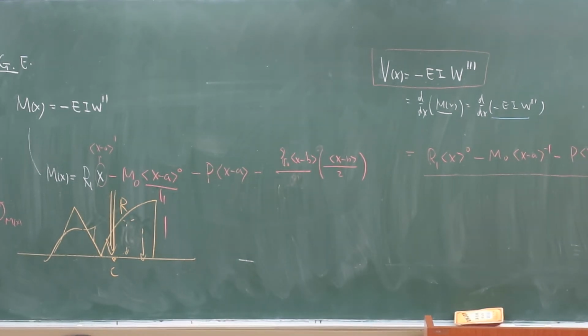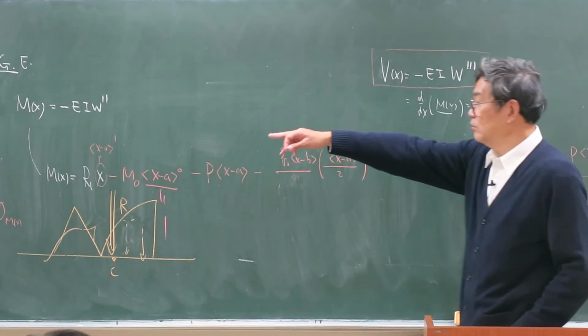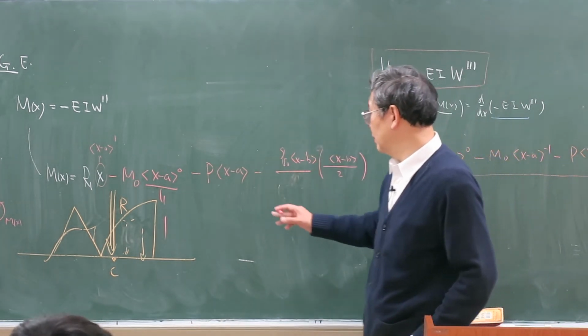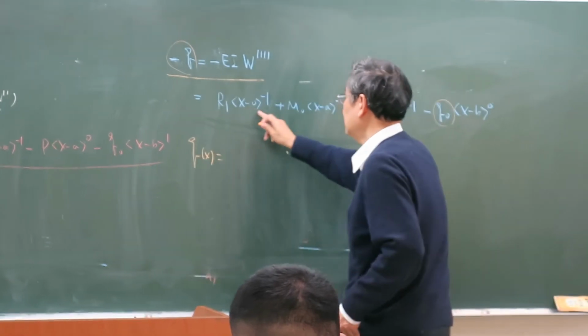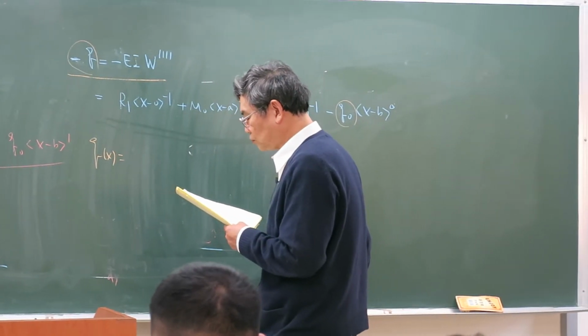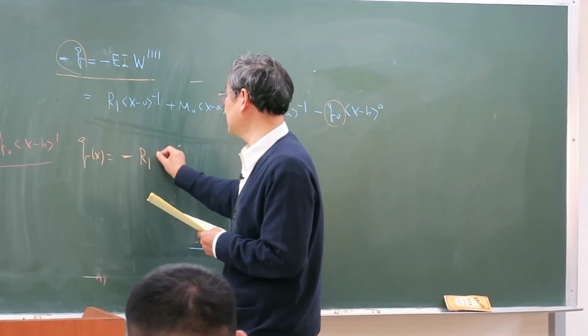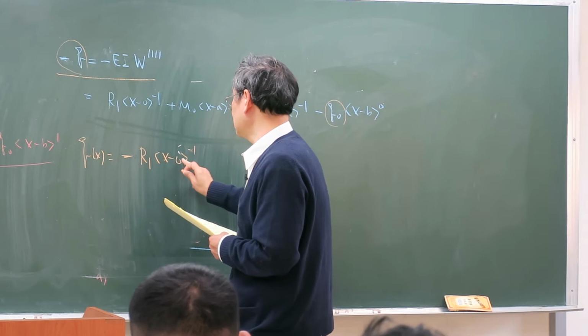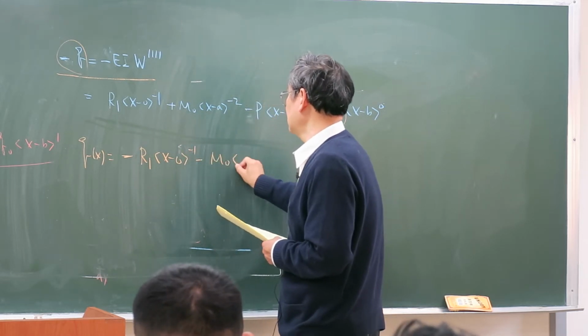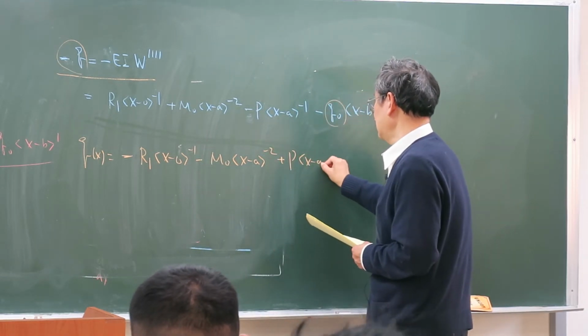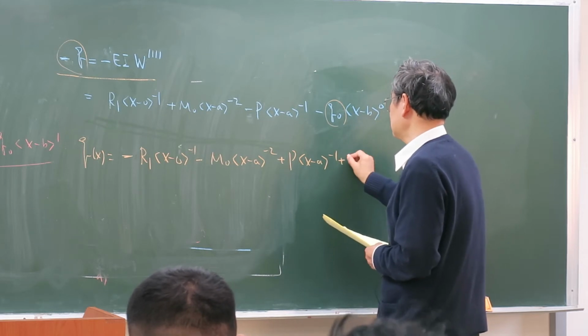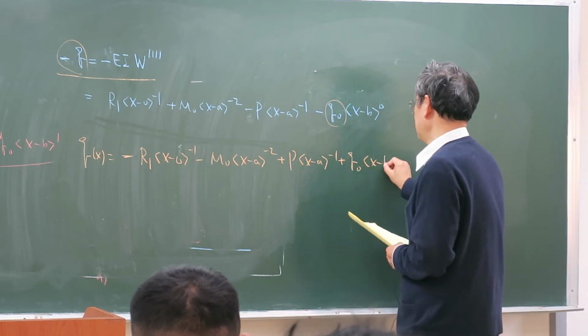So what I want to say is, for this kind of loading, in the future, if you want to solve this equation, Q(x) will be minus R1 ⟨x−0⟩^(−1) minus M0 ⟨x−a⟩^(−2) plus P ⟨x−a⟩^(−1) and plus Q0 ⟨x−b⟩^0.